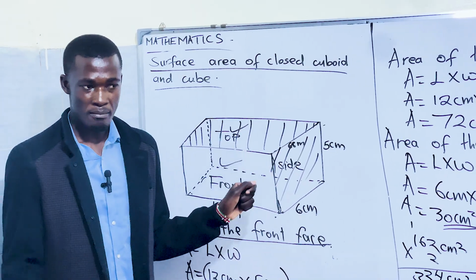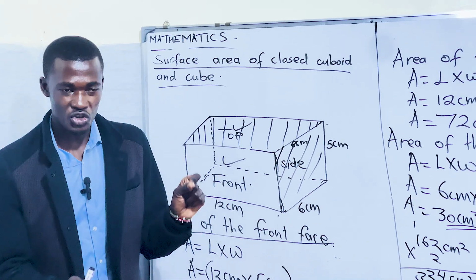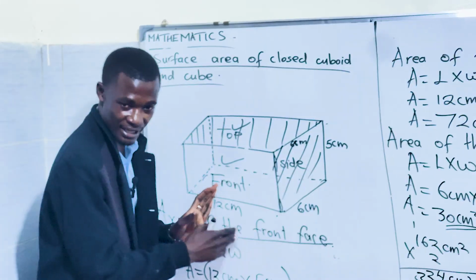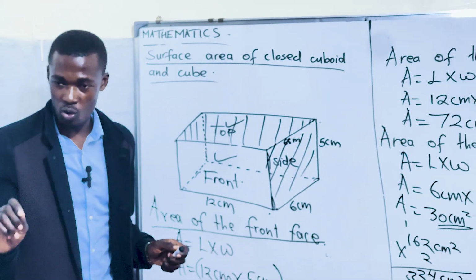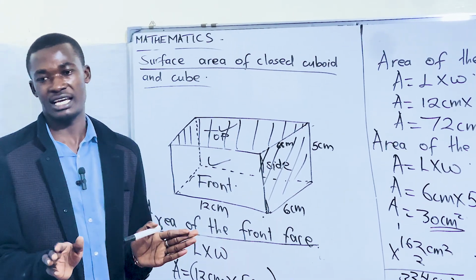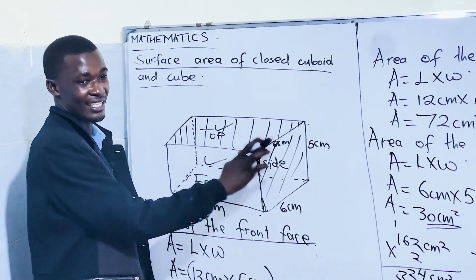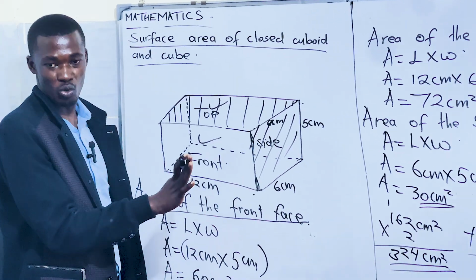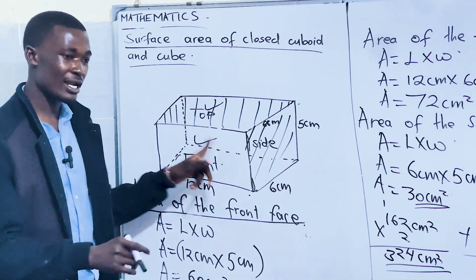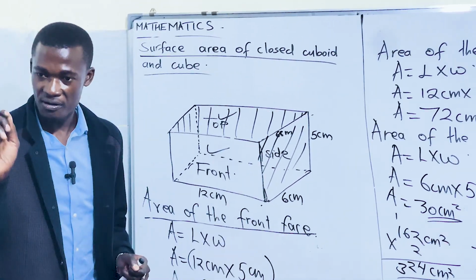Are we together? But now, one thing that you should know is that for a cube, all the faces are equal. So for a cube, it is even going to be much easier. You don't have to work out the area of the top, the front, and the side because they are all equal. So we can work out one area and multiply by the number of faces.